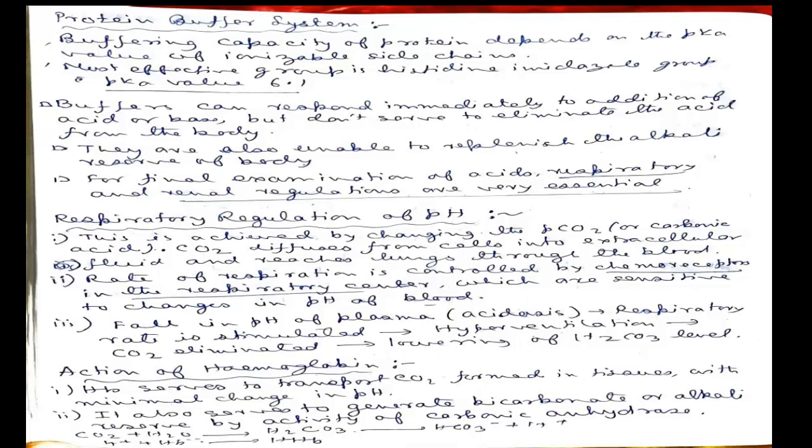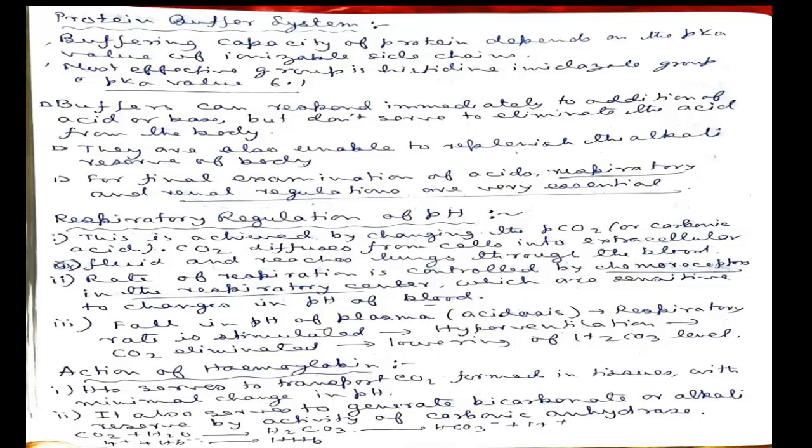Now, some important points about respiratory regulation of pH. This is achieved by changing the PCO2 or carbonic acid level, that's the denominator of the Henderson-Hasselbalch equation.